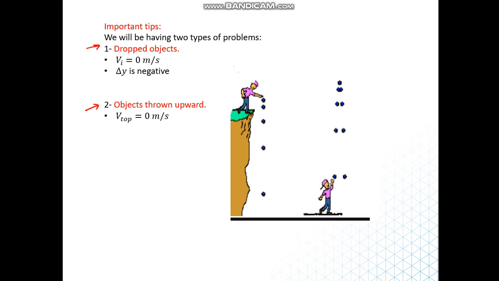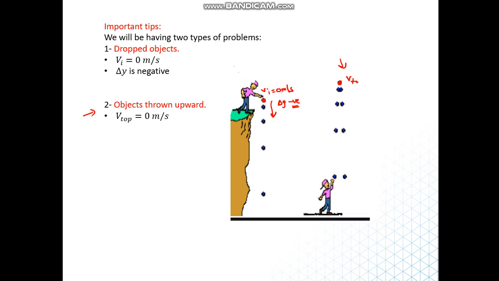Now the problem can be either a dropped object or an object that is thrown upward. For dropped objects, be careful that v initial must be 0 meters per second, because the object is not moving at the beginning, or at rest. And since it is a downward motion, delta y will be a negative number.